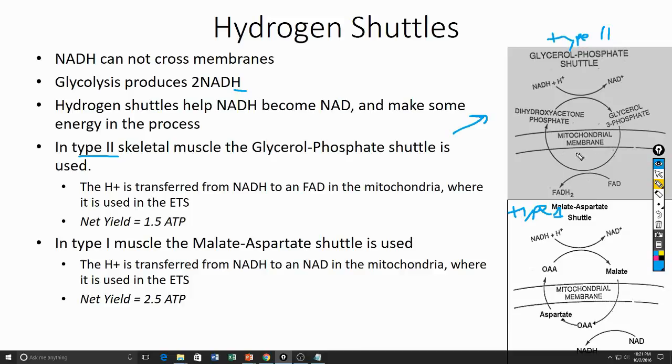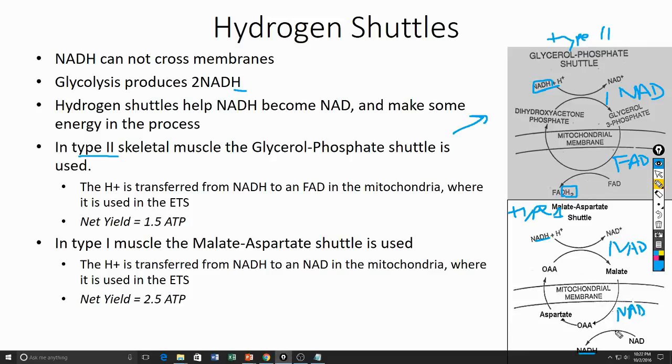In the case of a glyceryl phosphate shuttle or a type 2 muscle fiber hydrogen shuttle, it goes from NAD here, NADH, it's taking that hydrogen and putting it onto FAD, okay? So you're going from NAD on this side to FAD on this side. Now, in a type 1 shuttle, it goes from NAD to NAD. All right. That's about all you need to know there. So NAD to NAD.